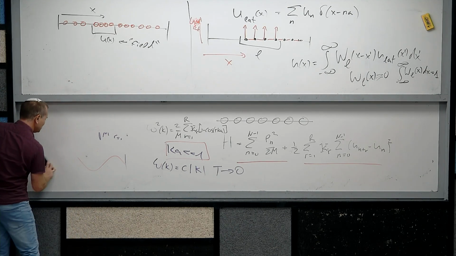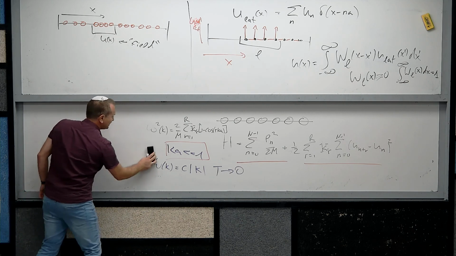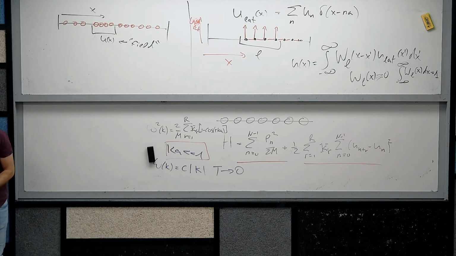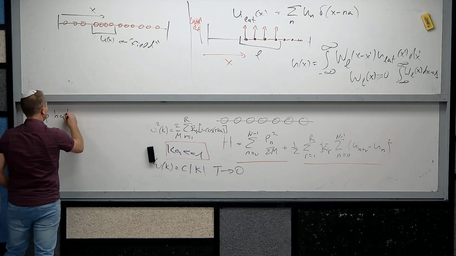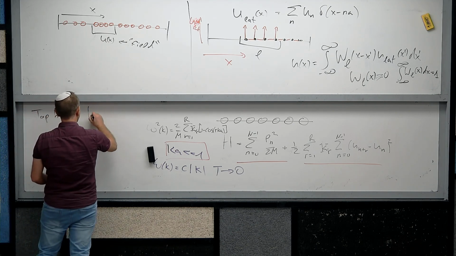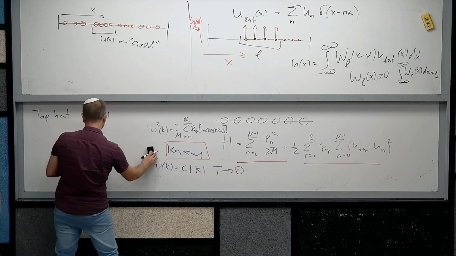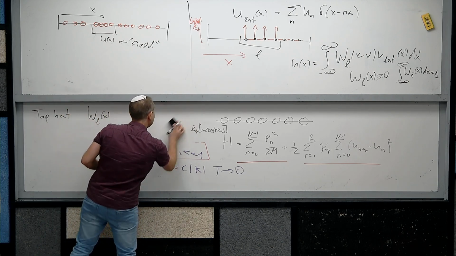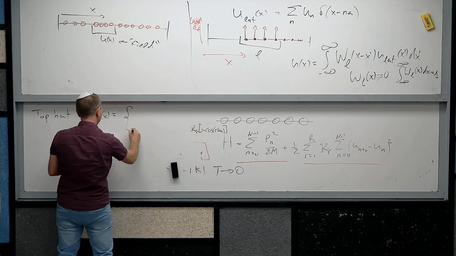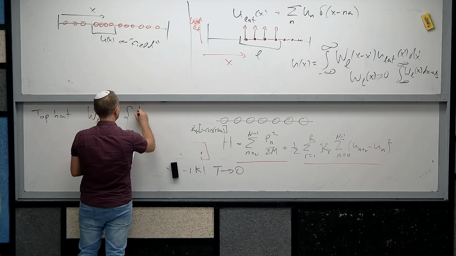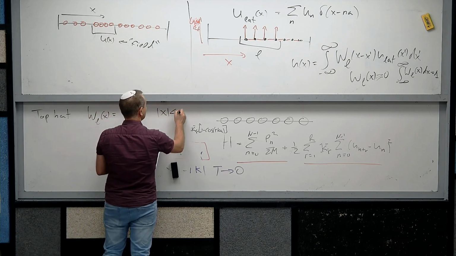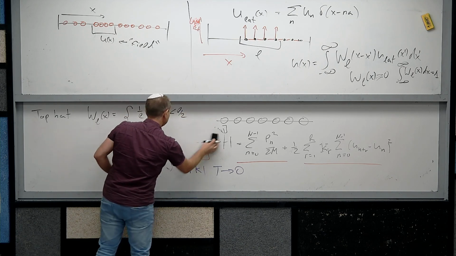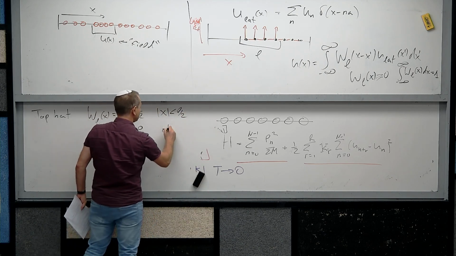So for example, I can use what is called top hat. So WL of x is 1 over L if x is smaller than L over 2, and it's 0 otherwise.